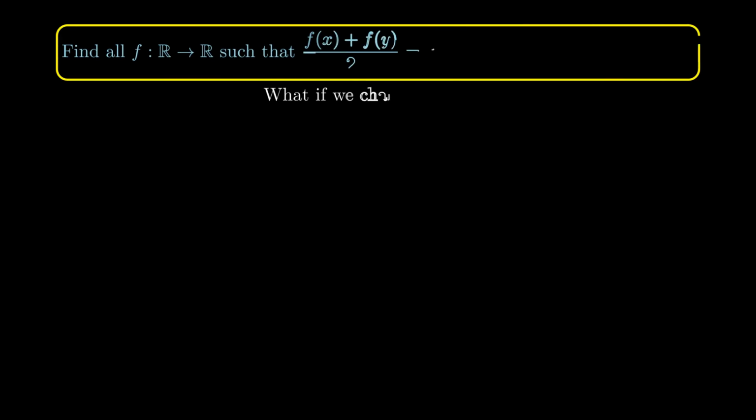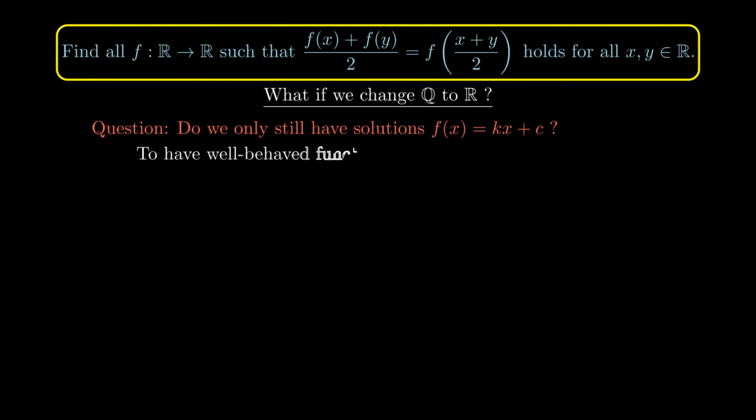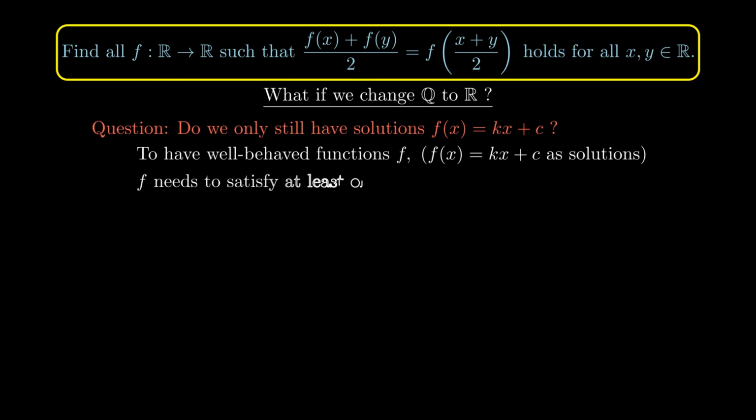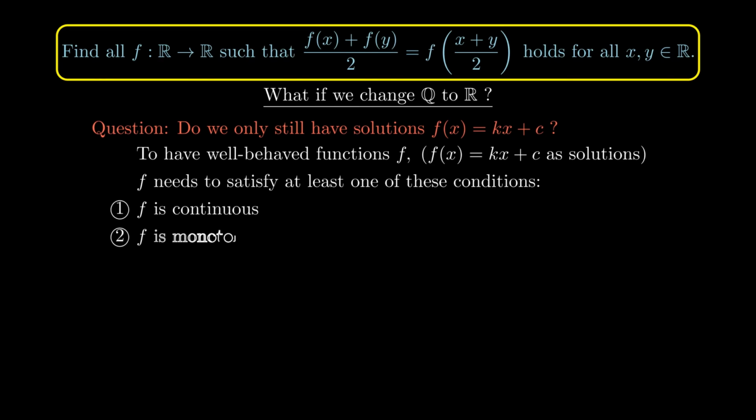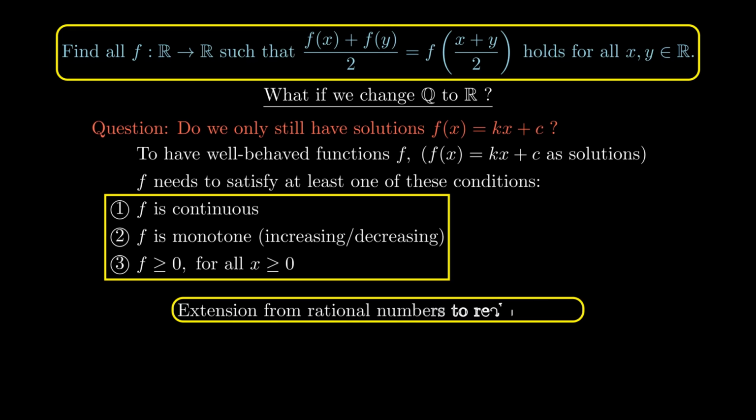But now what if we change the domain and range of the function f to be the real numbers? Well, then f actually needs to satisfy one of three properties in order for it to be a well-behaved function, namely to have the solutions as f(x) = kx + c, like what we have just derived previously. So this is an extension from the rational numbers to the real numbers.